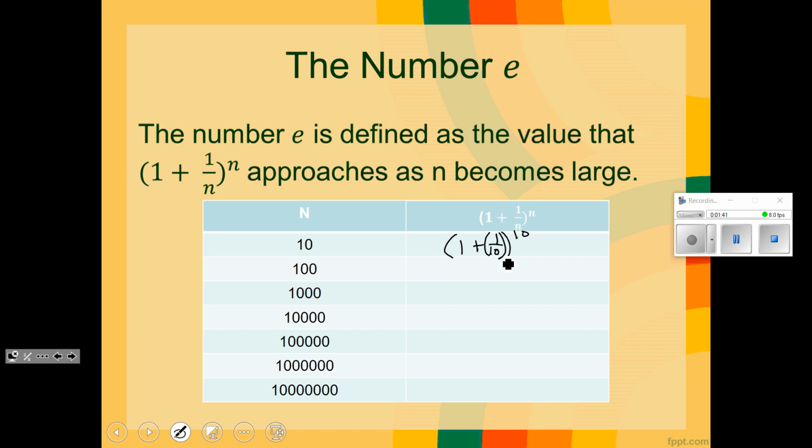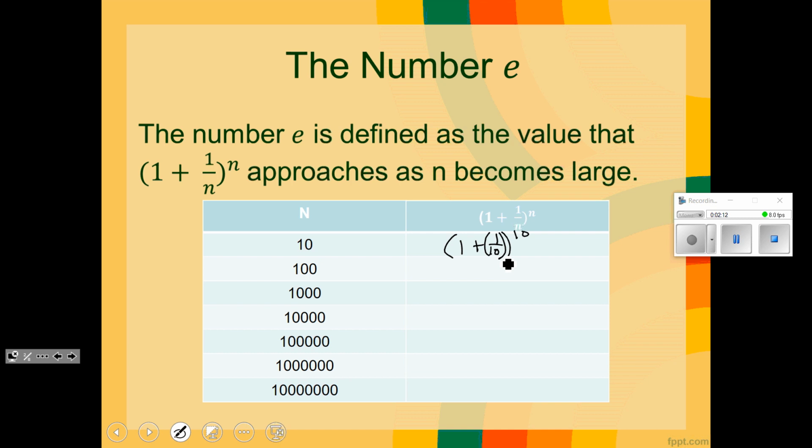Somebody tell me, when you plug in your calculator 1 plus 1 over 10 raised to the 10th power, what number do you get? Put it in your calculators and tell me what number you get.